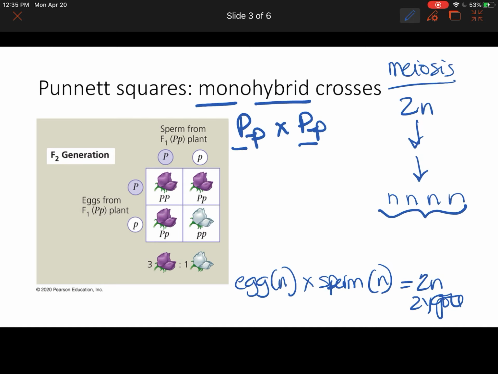Mom and dad. Well, when mom and dad undergo meiosis, remember, these 2 alleles are on the homologous pair of chromosomes, okay? So when mom and dad undergo meiosis, each of these alleles is going to sort independently into gametes.